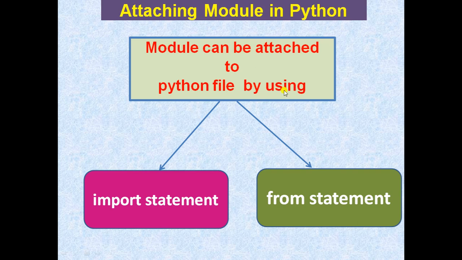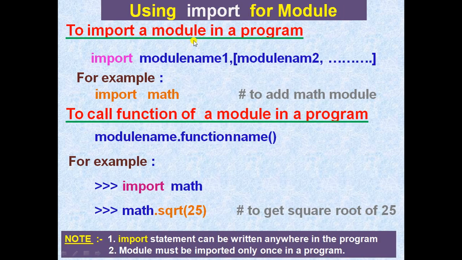Now, how can a module be attached in our Python file? There are two ways in which a module can be attached to a Python file. The first way is by using the import statement, and the second way is by using the from statement. Let's see how these two work. By using the import statement, we just have to write: import module name.